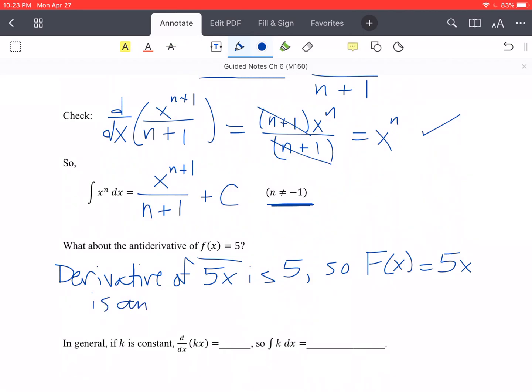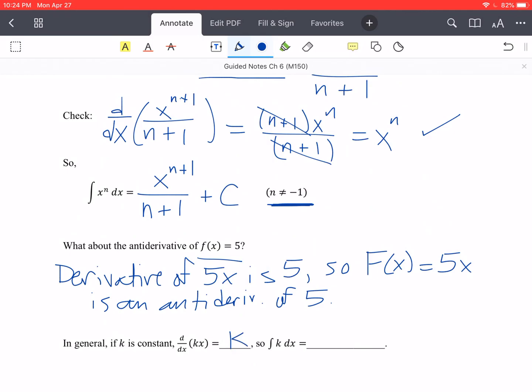Notice I say it's an antiderivative. It's not the only antiderivative. It's one of them, right? It's a member of that family of functions. So in general, if k is a constant, the derivative of k times x is k.